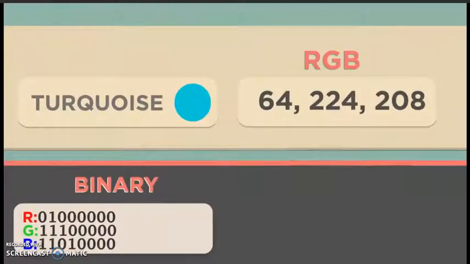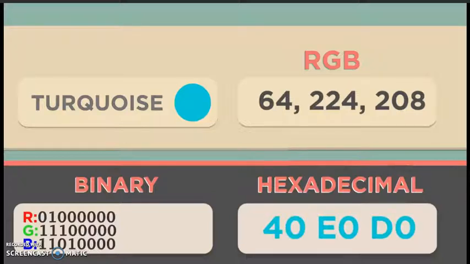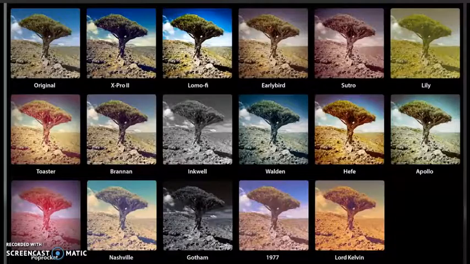We use 24 binary digits to represent this one pixel. So rather than binary, digital artists often use the hexadecimal number system to represent colors. So we can represent the same color turquoise using only 6 hexadecimal digits, so 40, E0, D0, which is a lot shorter.